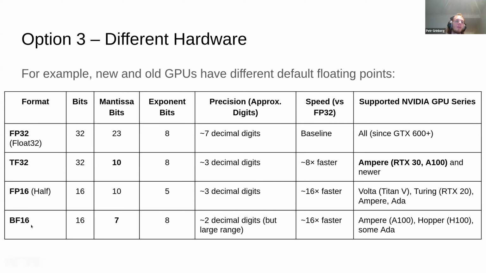So if your code uses BF16, it just won't work on this old GPU. So the last thing you need to also consider in terms of reproducibility is what hardware you use. That's why in research papers it's a nice thing to indicate what GPUs you used to train your model, to make your paper more reproducible.